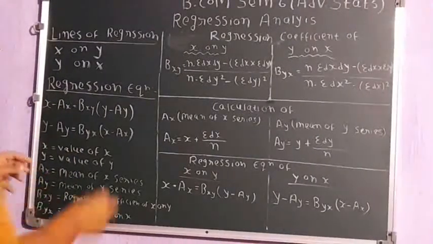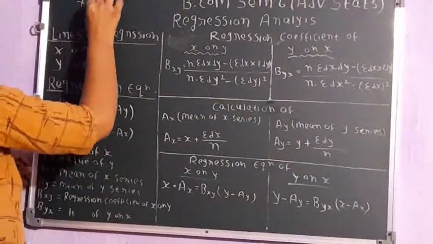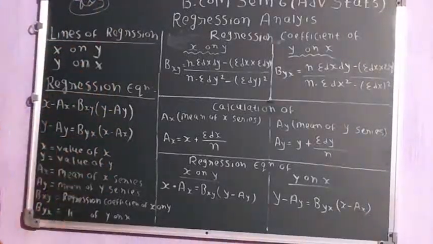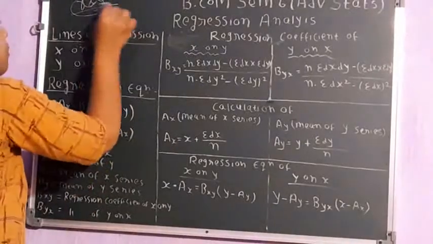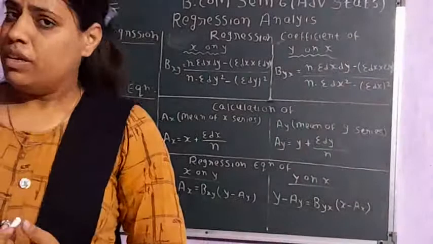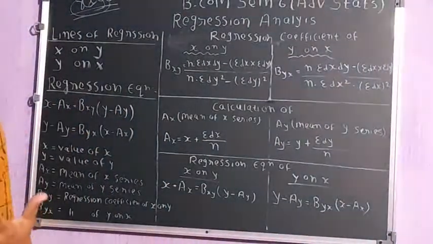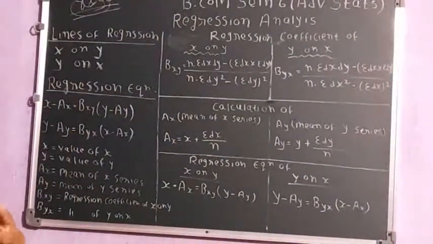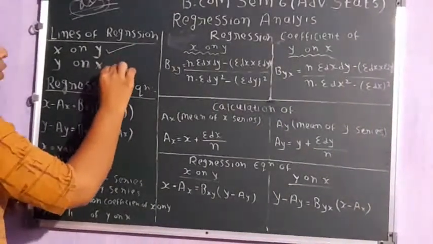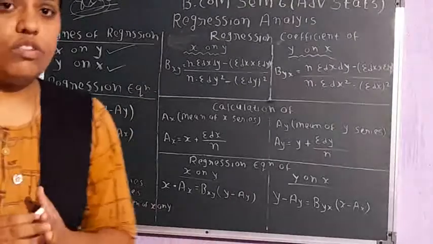If we have two variables x and y, the regression line is a line which shows the mutual relationship between the x variable and the y variable. The two regression lines are x on y, which is one line of regression, and y on x, which is another.